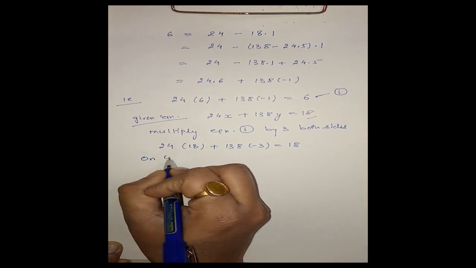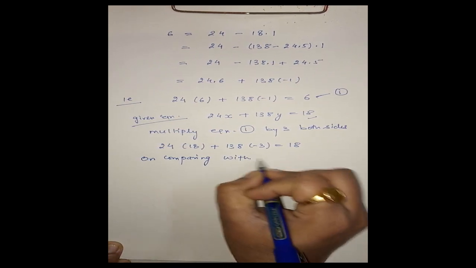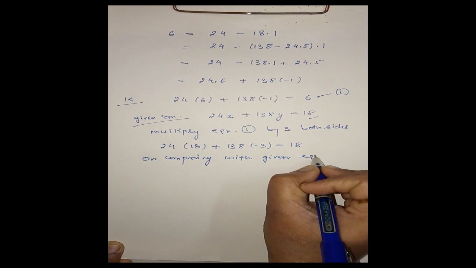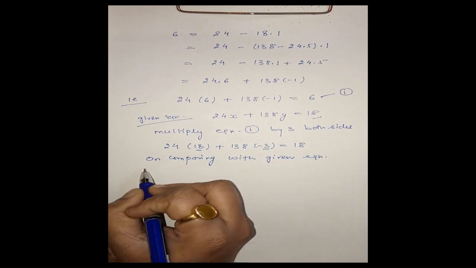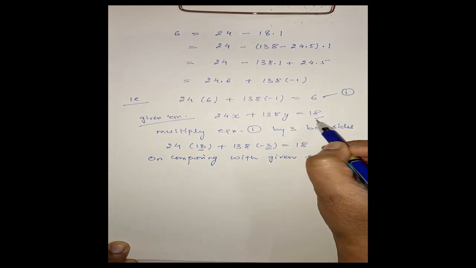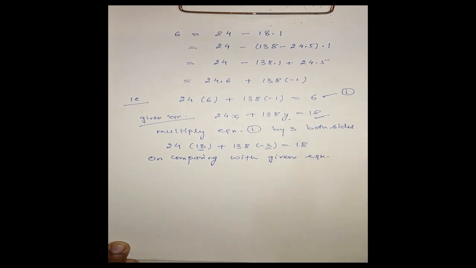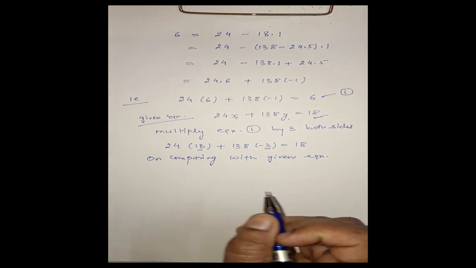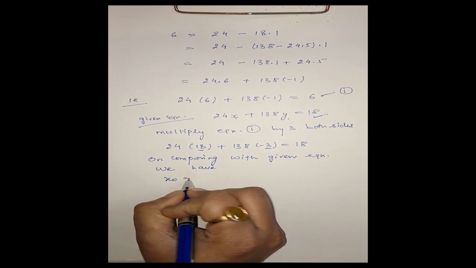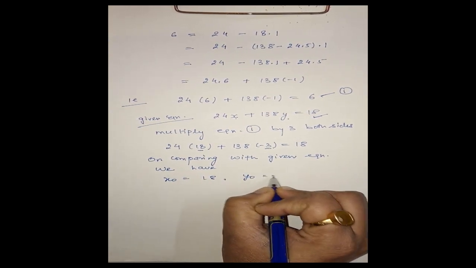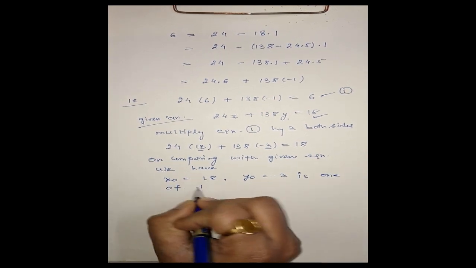On comparing this equation with the given equation, we have x is 18 and y is minus 3. So x naught is equal to 18 and y naught is equal to minus 3 is one of the solutions. Clear?